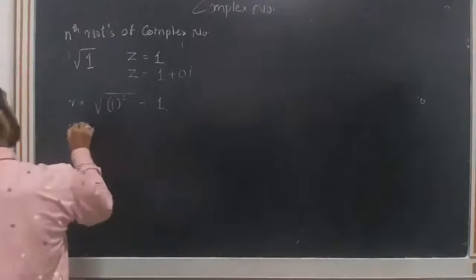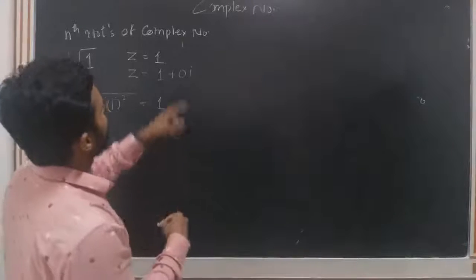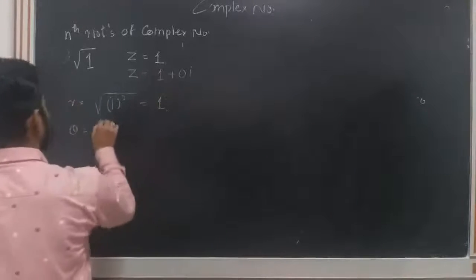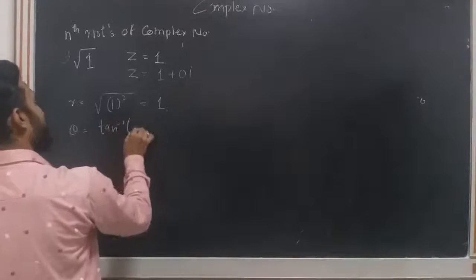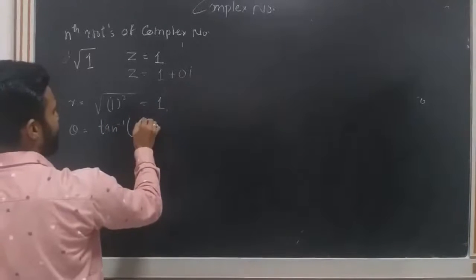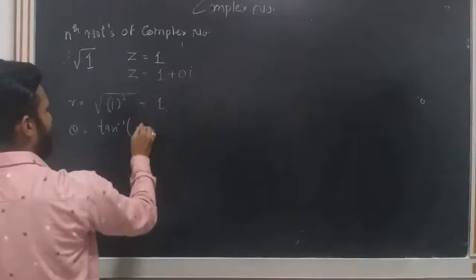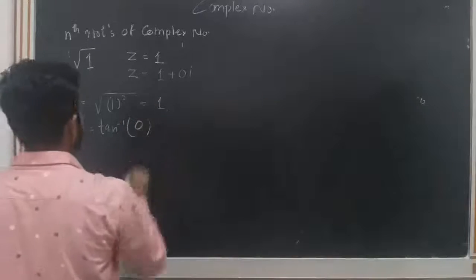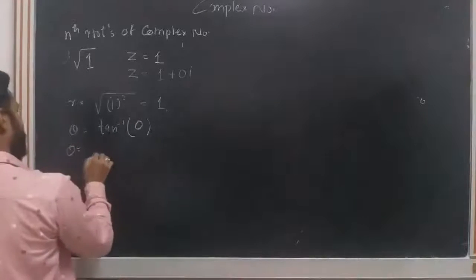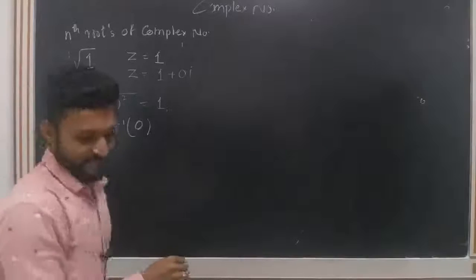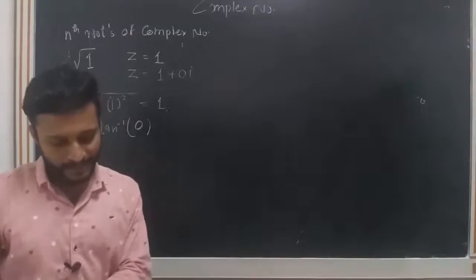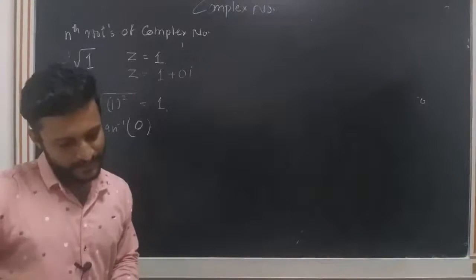What is the value of theta here? Tan inverse of y by x. What is y? 0. So tan inverse of 0, you can go through the table, let me check. Yes, theta is 0.